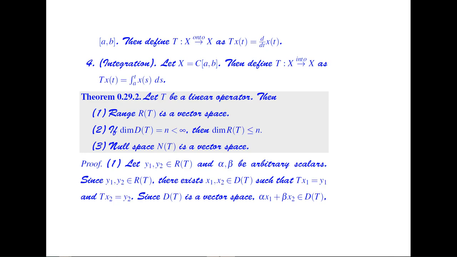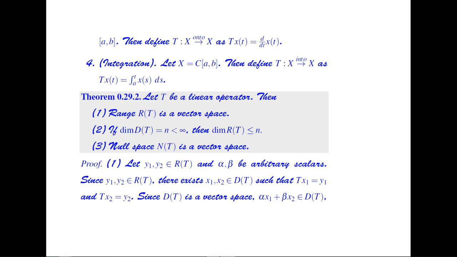Let T be a linear operator and suppose that y1 and y2 belong to the range space of T and alpha and beta are arbitrary scalars. Since y1, y2 belong to the range space of T, there exist x1 and x2 belonging to the domain of T such that T(x1) = y1 and T(x2) = y2.